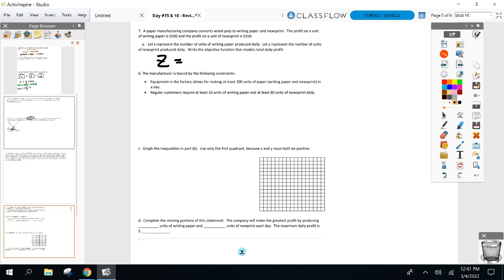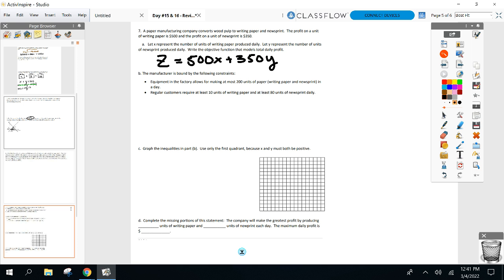So Z equals 500X plus 350Y. All right, looks good.